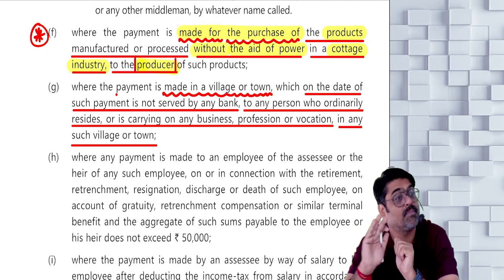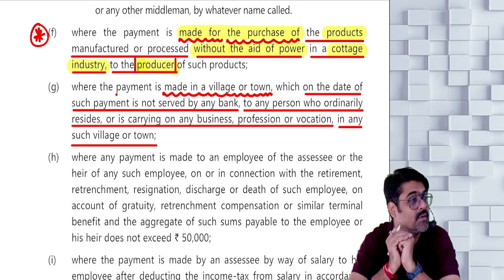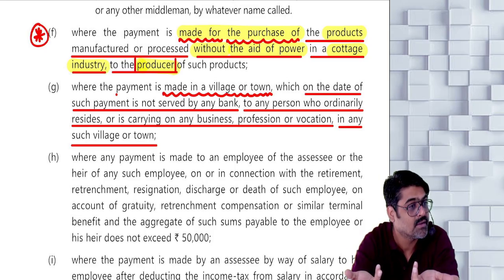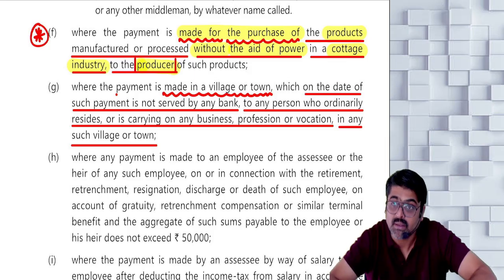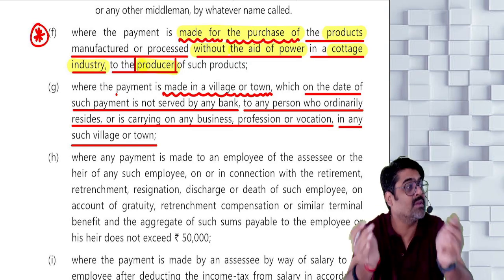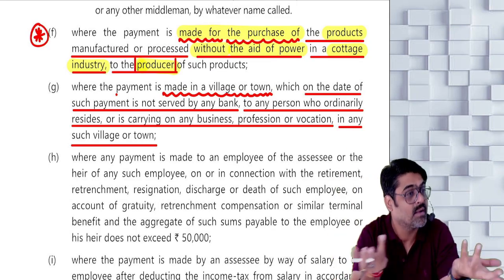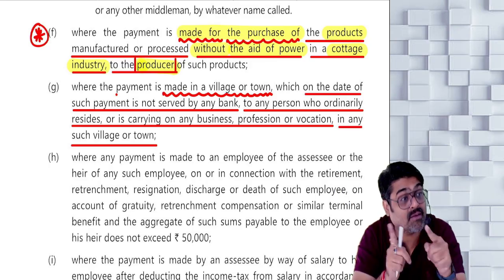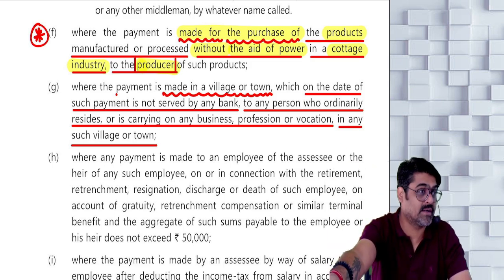What if you are purchasing something for your business or profession from that town, from that village? Definitely you will have to make the payment in cash. You are there in that town, in that village, and you are making the payment in cash. Why? Because as on the date on which you are making that payment, that village or that town does not have any bank. And make sure that payment is made in that village or that town to the person who ordinarily resides in that town.